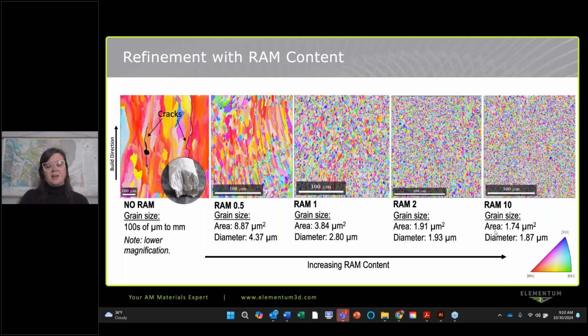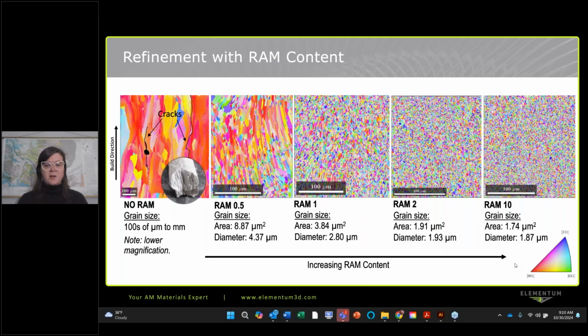You can see on the very far left, what the material looks like if we print with no precursor particles, versus as we start to add a certain amount of our RAM precursor particles, we refine the microstructure further. In fact, we see the peak of that refinement with our 2 volume percent, our RAM2.